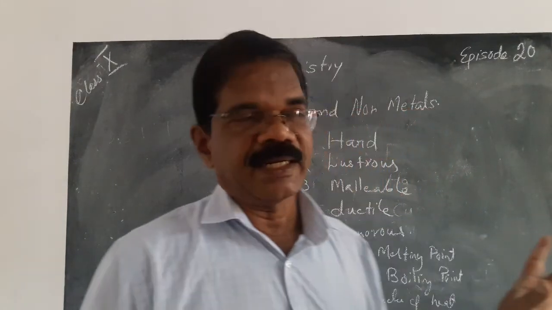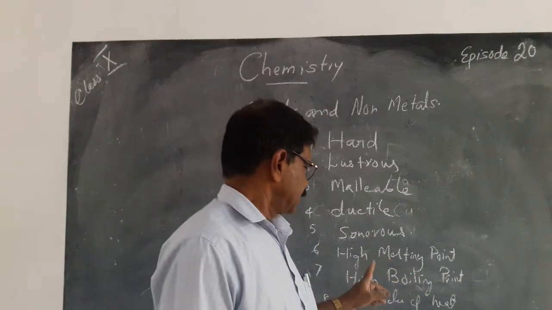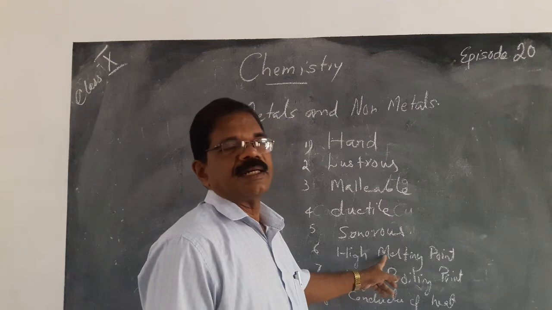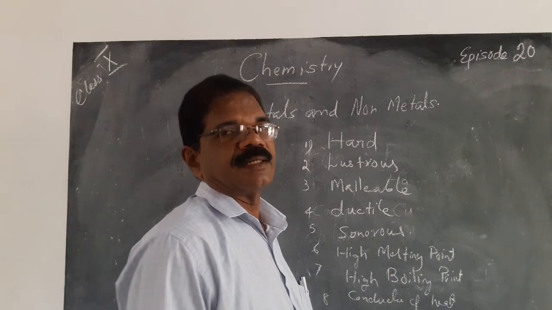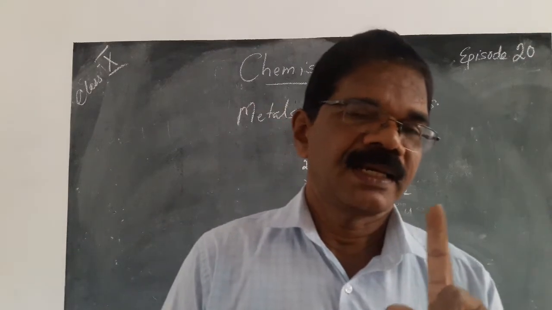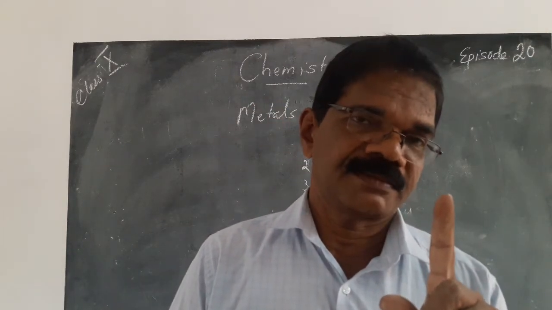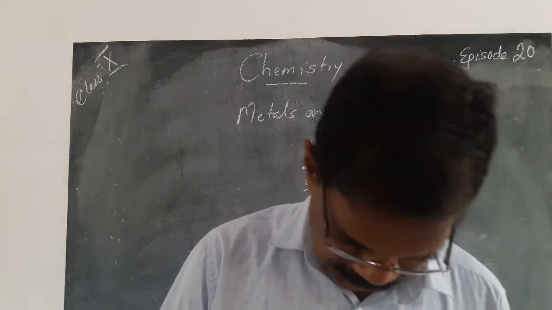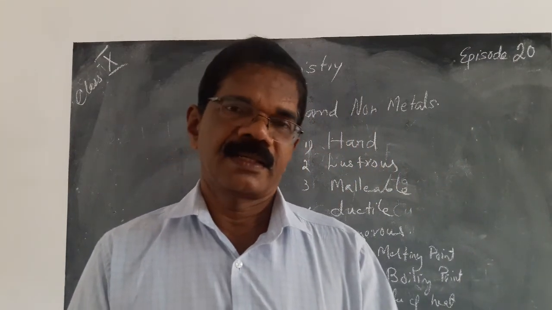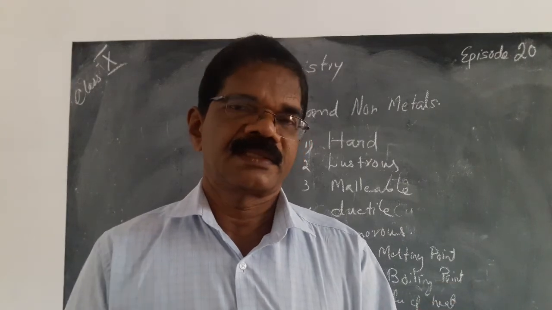We have studied that metals have a high melting point and high boiling point. But there are two metals, namely gallium and cesium. If we take gallium and cesium in our hand, what happens? They melt.